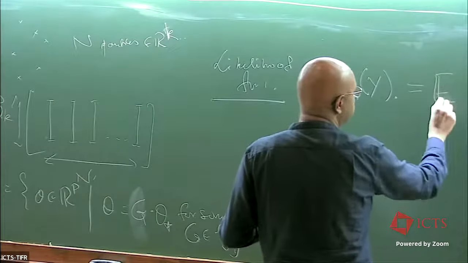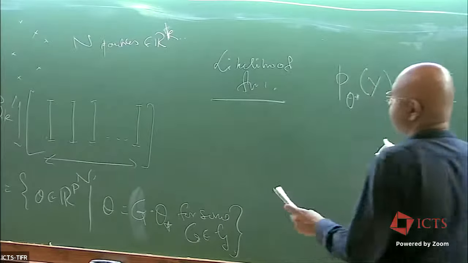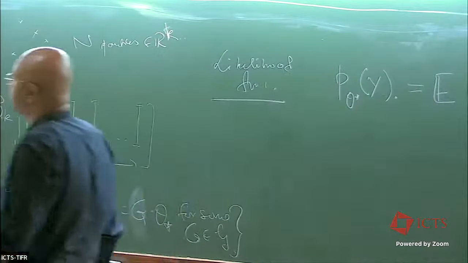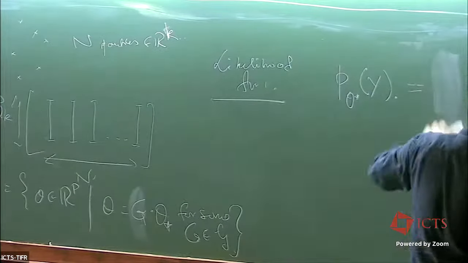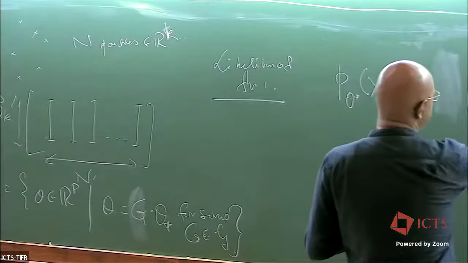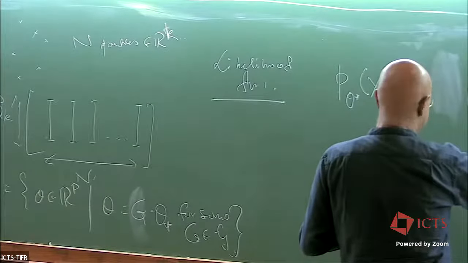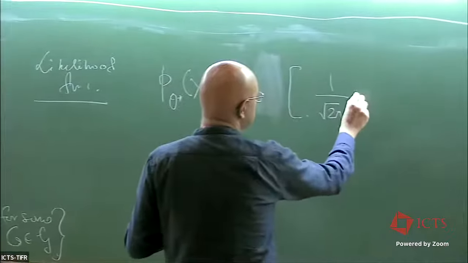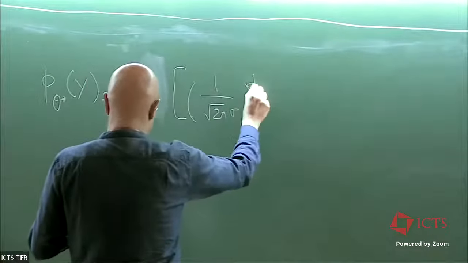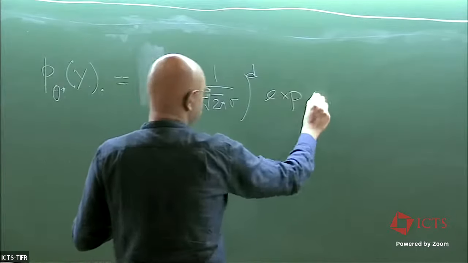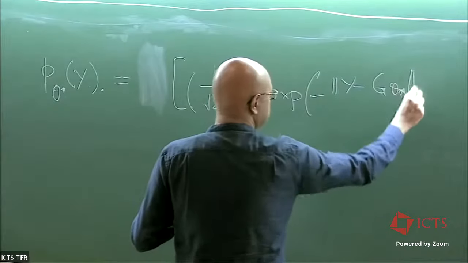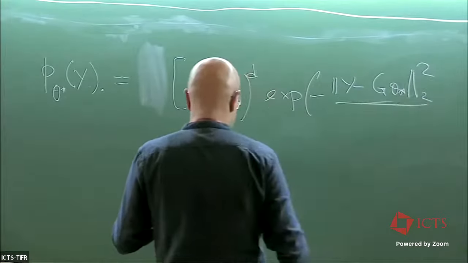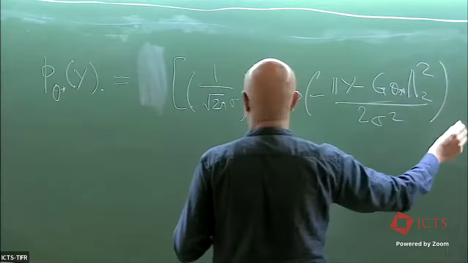First of all, if we knew what this g was, then it is just the probability density induced by the Gaussian noise, this times exponential of minus the L2 norm of y minus g theta star squared, divided by 2 sigma squared.